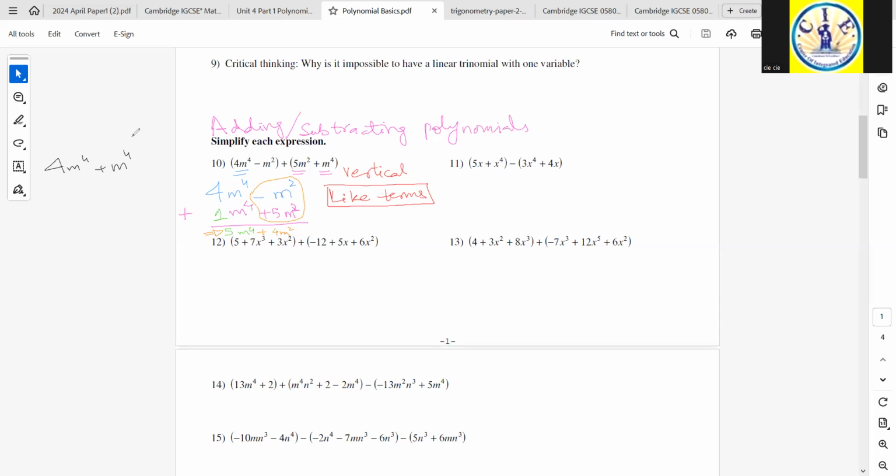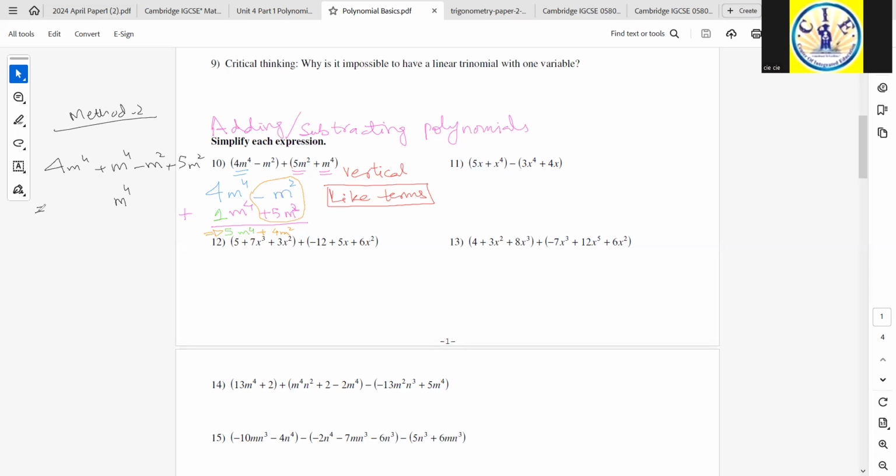And then it is minus m squared plus 5m squared. These are the terms with m squared. So now what we can do is take m raised to the power 4 common. So this is method 2. I'm just going to explain.